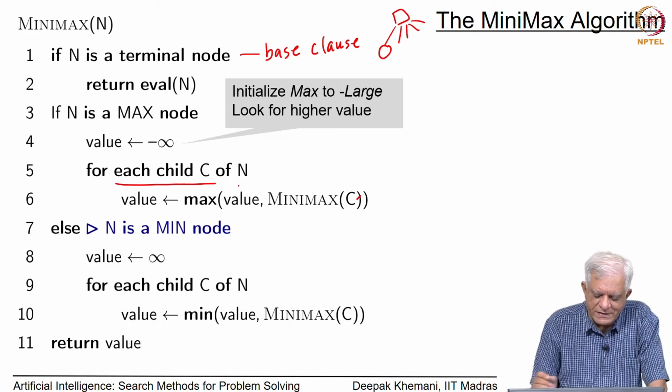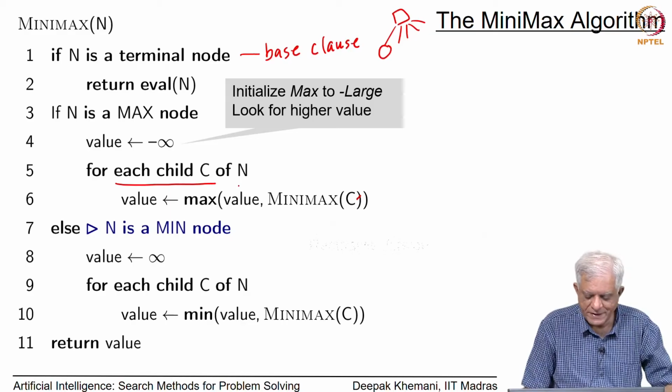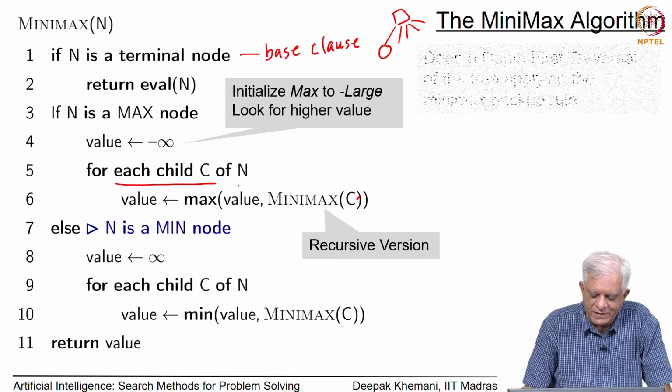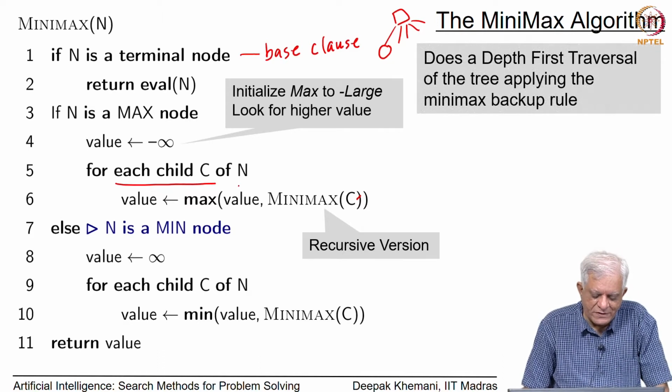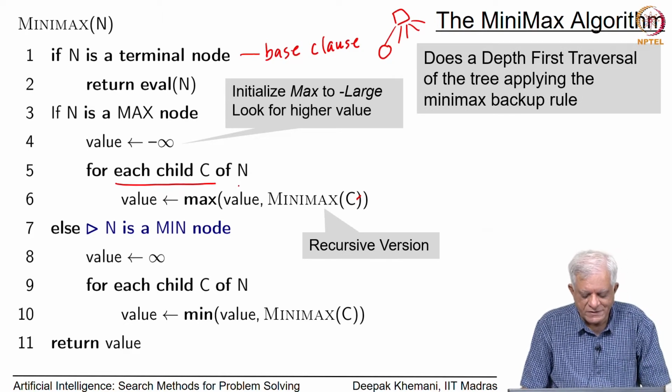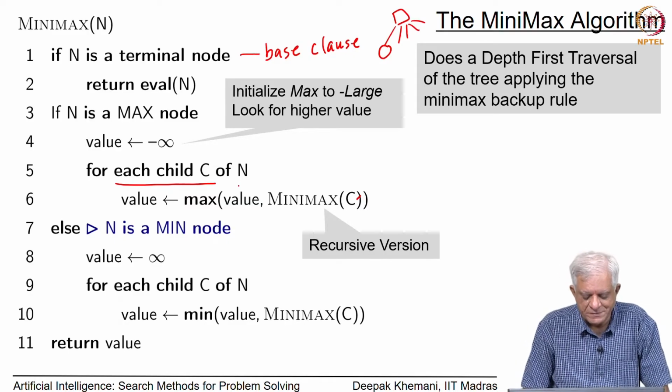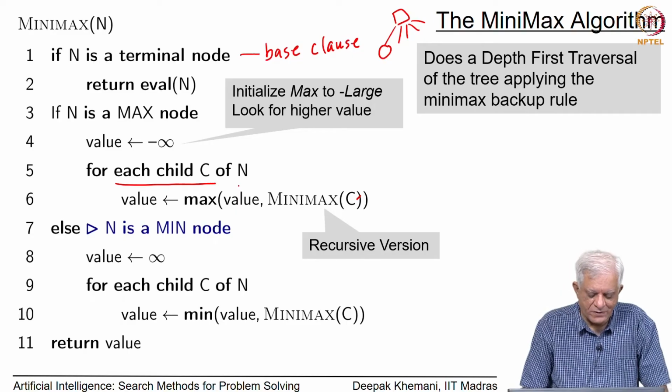We recursively call minimax, the same algorithm, compute the value of the child, and max chooses the maximum of the value that it had to start with and the value that is returned to it by the recursive call to the minimax algorithm.